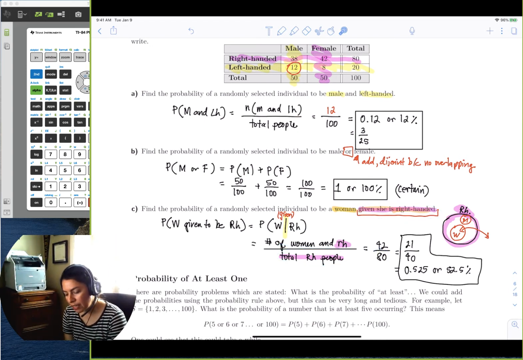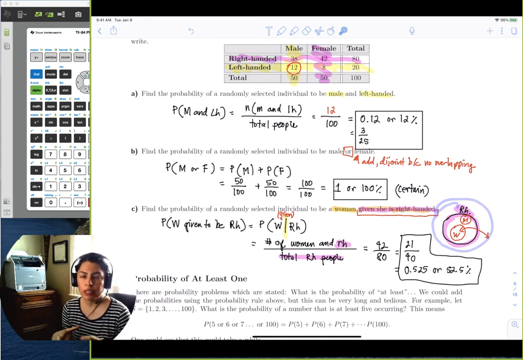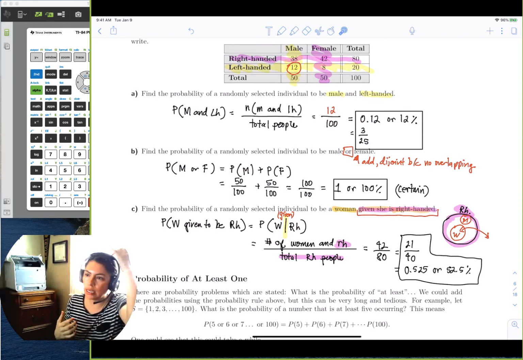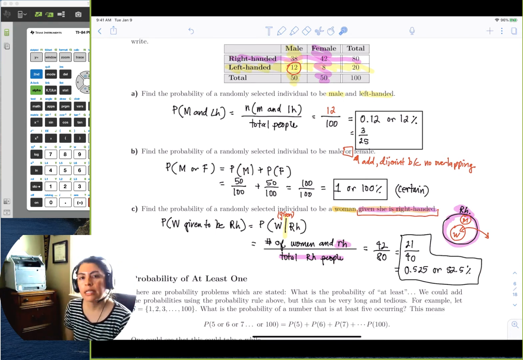Whereas in the previous two examples, we had the denominator stay 100, the number of people in our sample. But the moment you start isolating the groups of people and grabbing from there, that's almost like the type of sampling that we've discussed in the previous chapters. So independent events are just events in which the following events are not affected by the first, and disjoint events are events in which there are no overlapping outcomes.